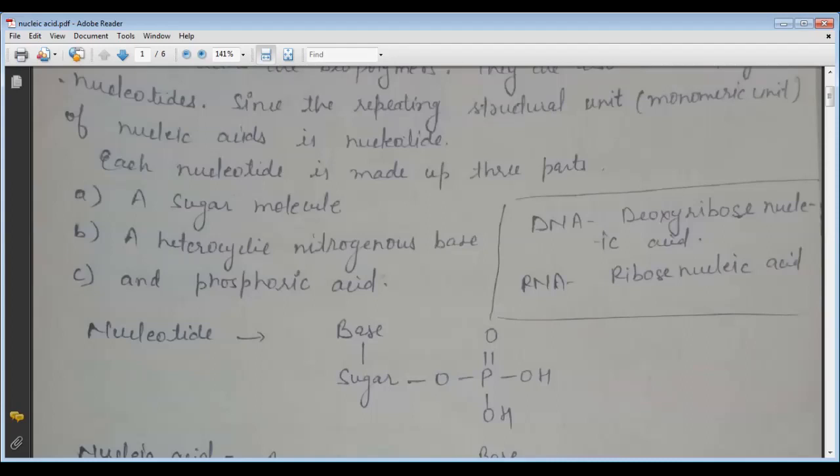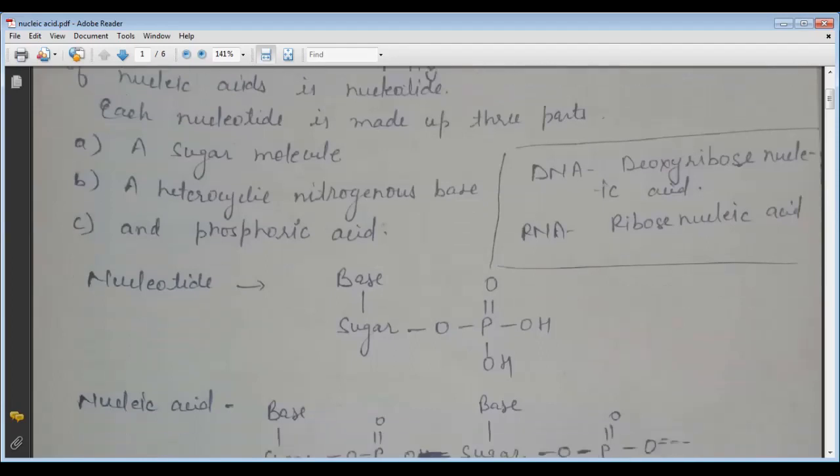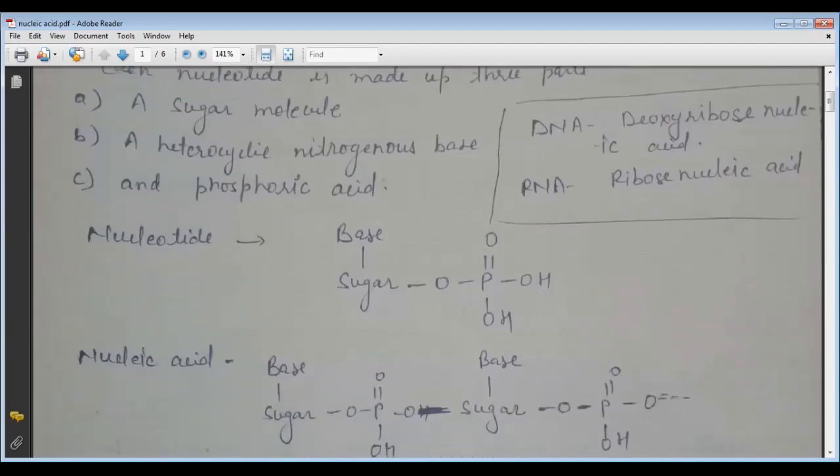Now we come to two main terms: the nucleotide and the nucleoside. The major difference between the nucleotide and the nucleoside is that the nucleoside contains only two basic components of the nucleic acid: the pentose sugar and the nitrogenous base.